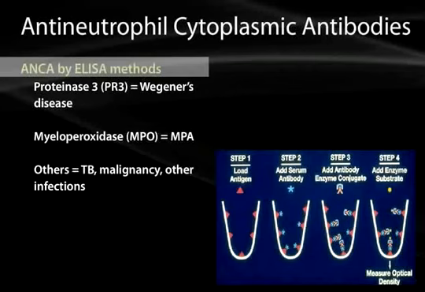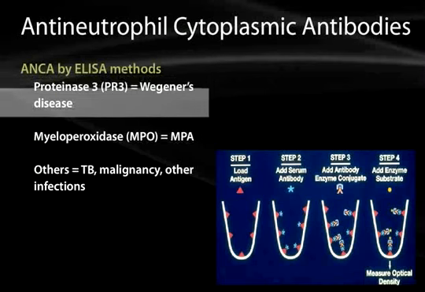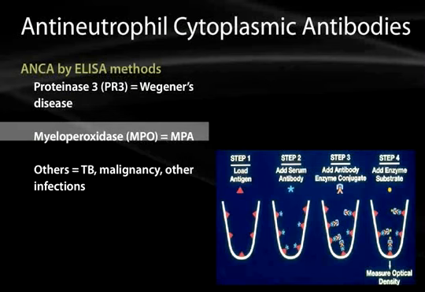We can detect ANCA by enzyme-linked immunosorbent assays, and when we see ANCA positive, we can see anti-proteinase 3, which is common in Wegener's disease, or anti-myeloperoxidase antibodies, which can be seen in microscopic polyangiitis.